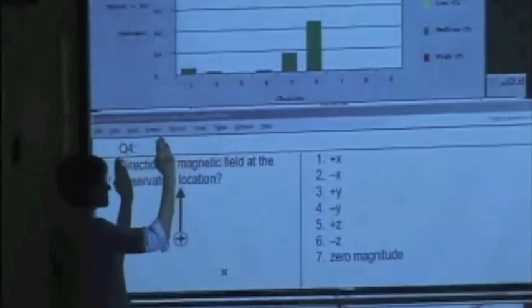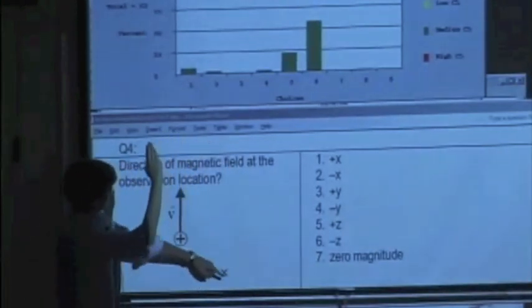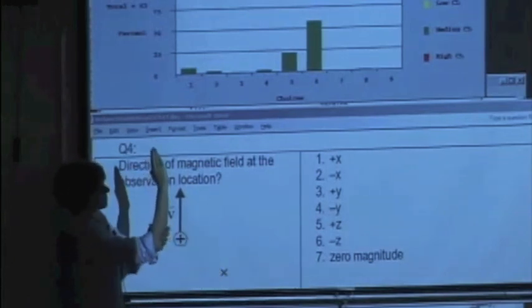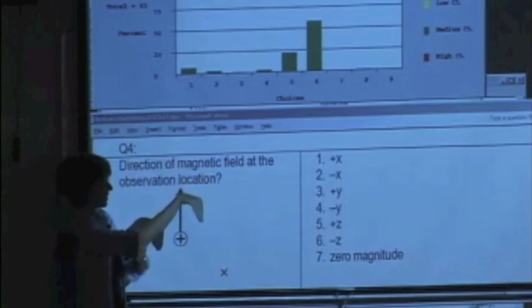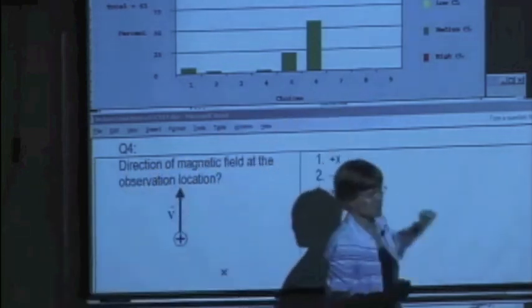Well, not unanimous, and we need to be unanimous, so let's see what the story is. V is in the plus Y direction. Now, I got to curl my fingers. This would be R here, so I got to curl my fingers toward R, so I definitely have to rotate the wrist, curl the fingers toward R. Thumb points into the board, which is negative Z, so the majority wins.